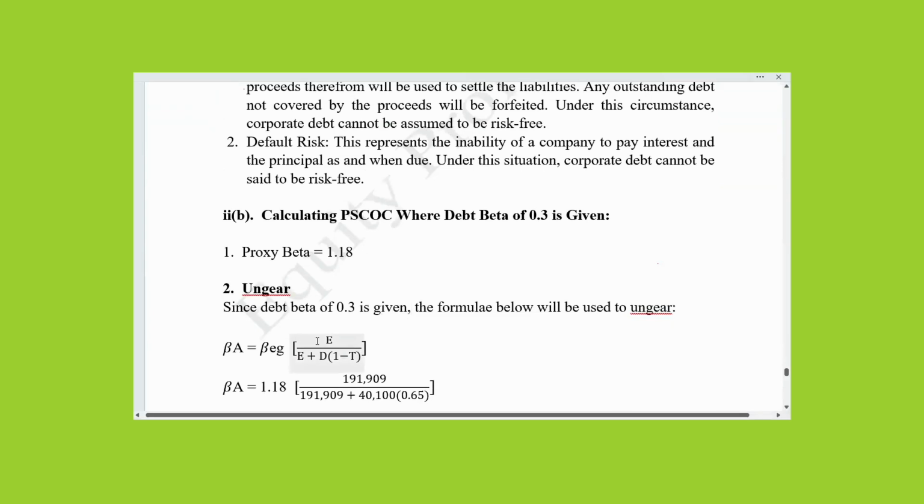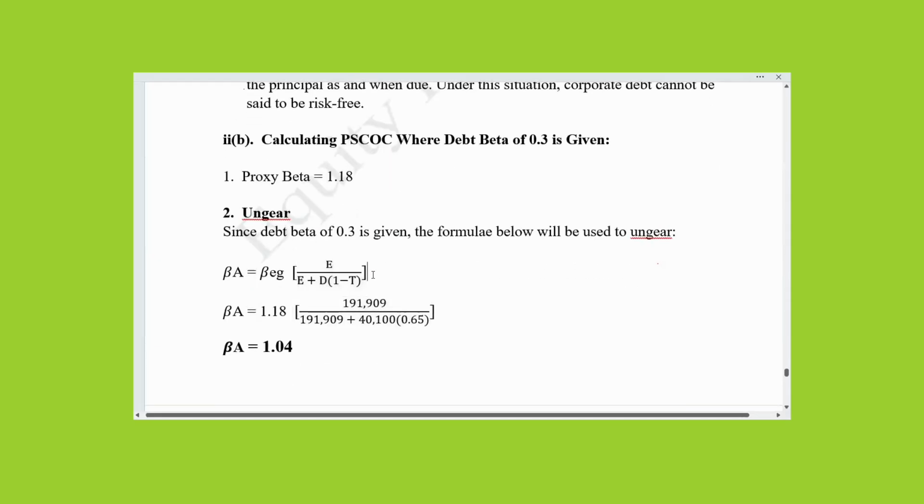Let me just copy this one. So like I told you, if debt beta is given, in that case you are going to repeat the same formula you have in step 2.